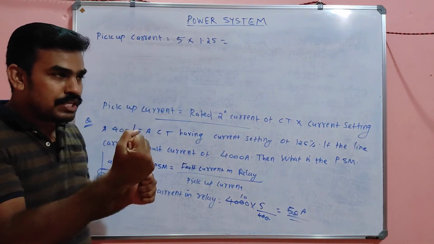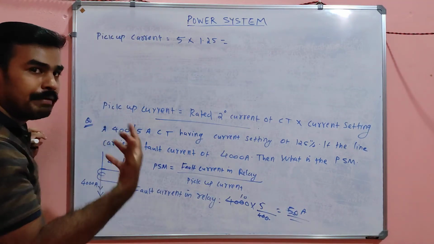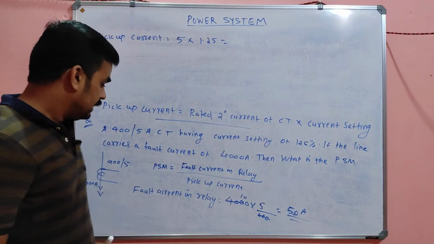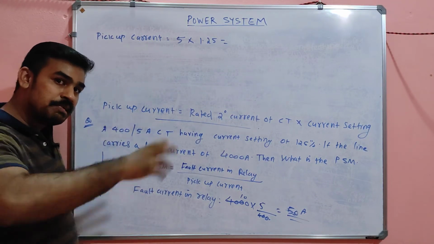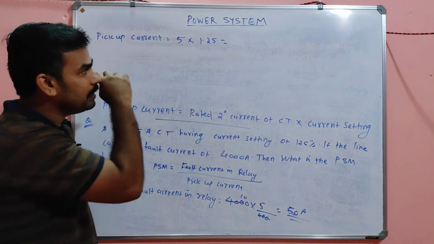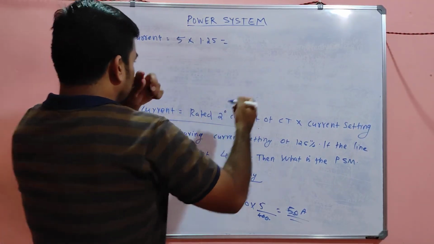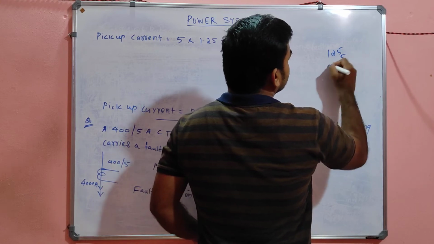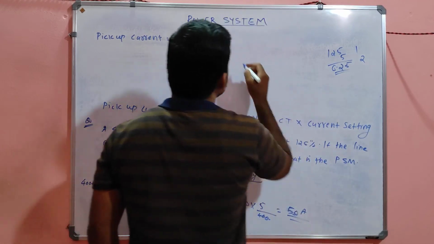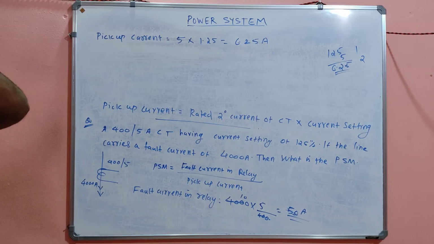We adjust the friction spring tension in such a manner that the relay pulls the plunger only when the secondary current reaches 125%. 125% of 5 is 6.25, so it will activate only at 6.25 ampere. That is called the pickup current.